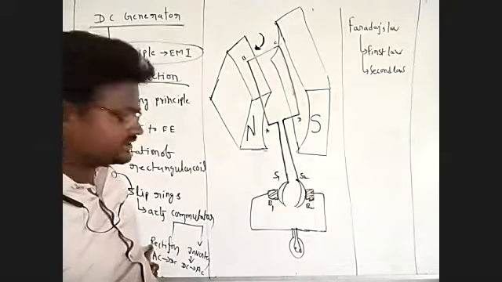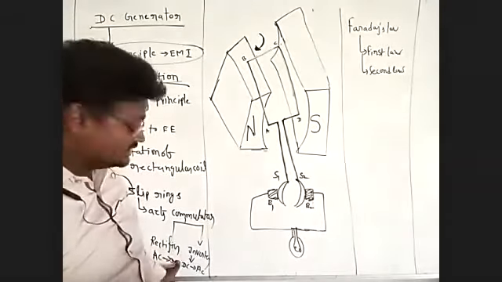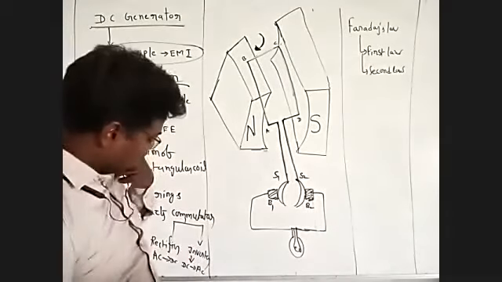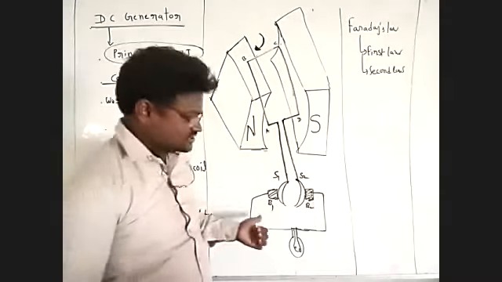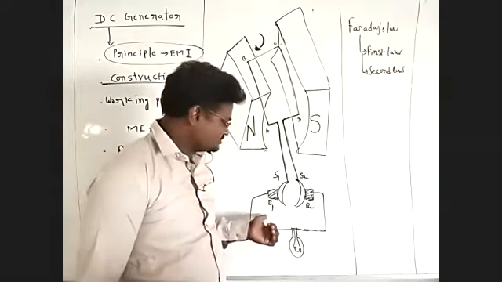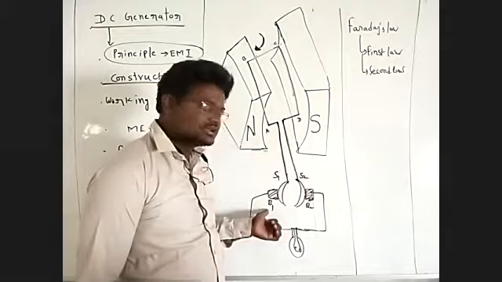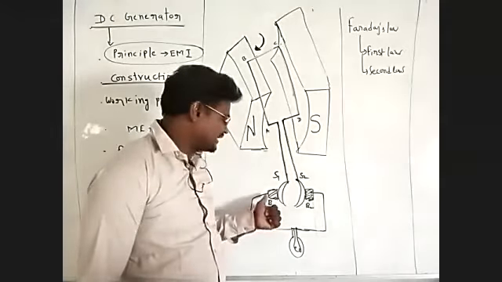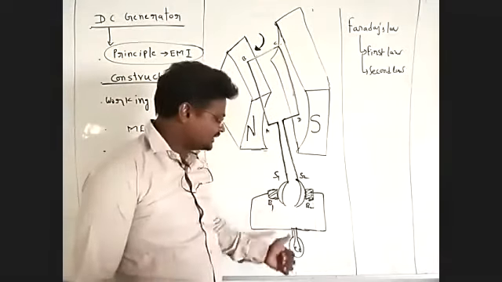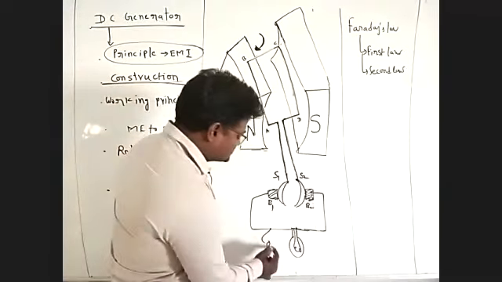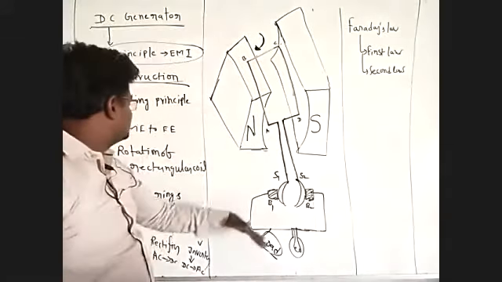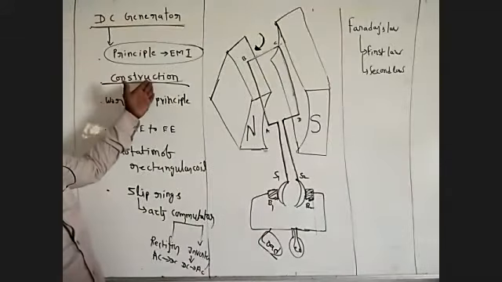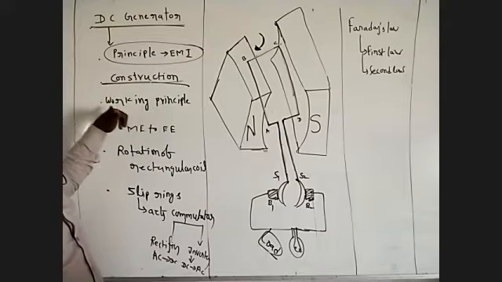One is a rectifier, which converts AC to DC. Inverter converts DC to AC. Next, brushes. What is the use of brushes? Brushes provide an electrical connection between the wire and the slip ring. This is a load. Load means bulb. This is what we call the construction of DC generator.